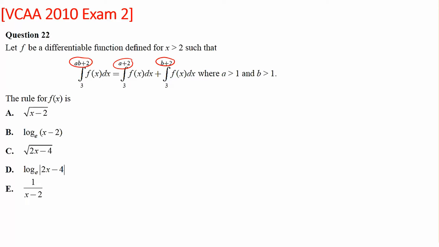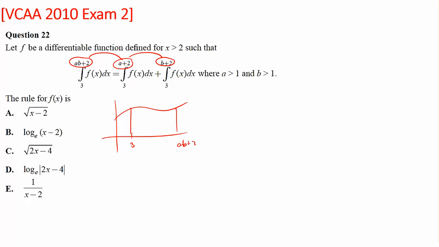So if you visualize this graphically, you're really just saying which one of these functions will ensure whatever function you have, you want it from 3 to ab plus 2. You're just saying that it is from a plus 2 and b plus 2.